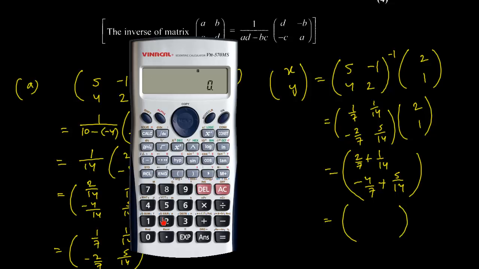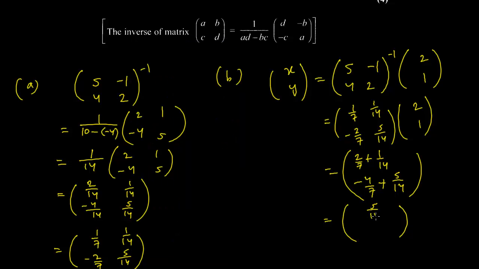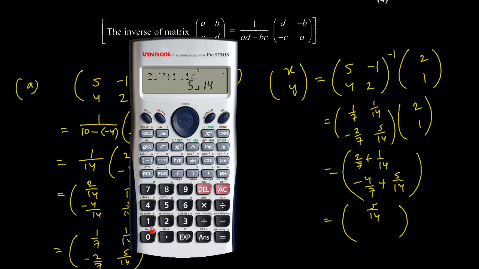So 2 by 7 plus 1 by 14 is going to be 5 by 14. So this is 5 by 14. And the other one is minus 4 by 7 plus 5 by 14.